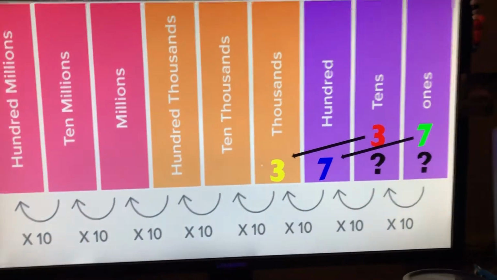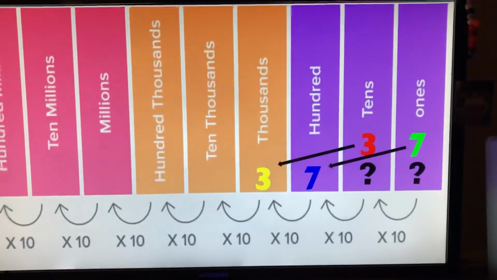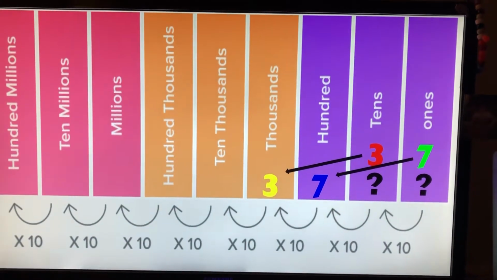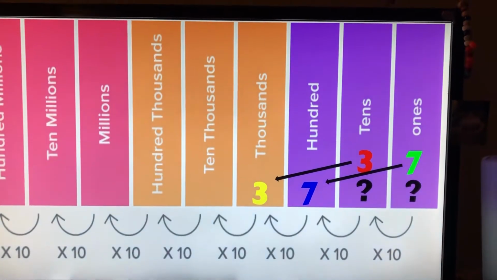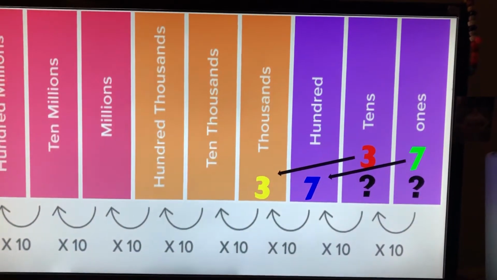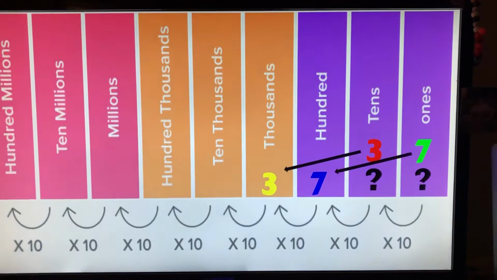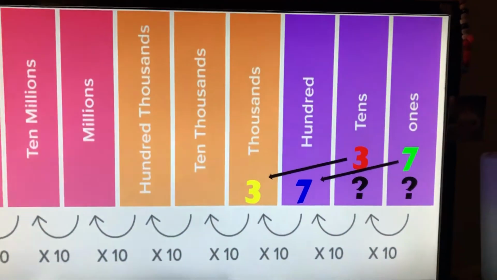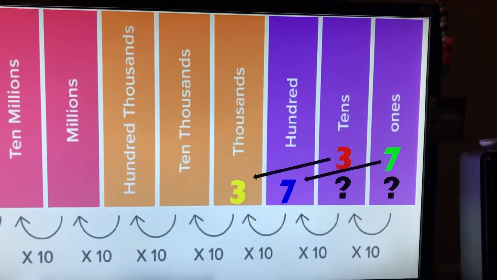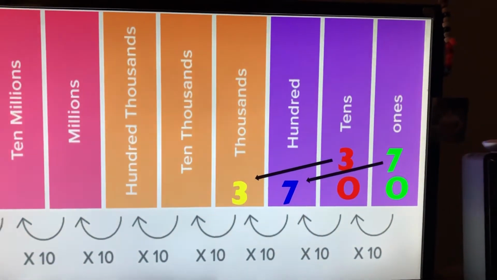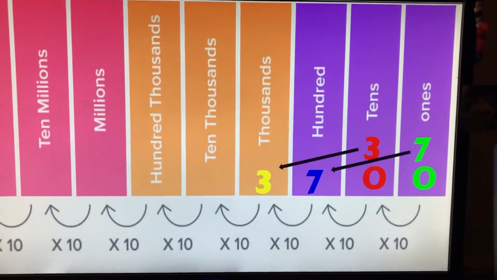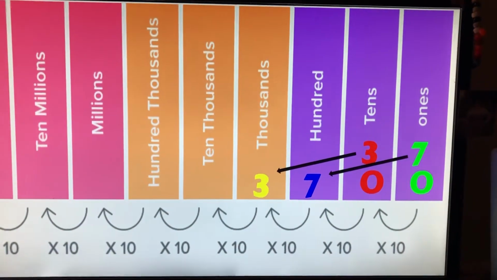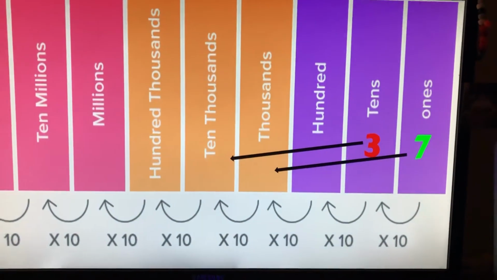So again, if we take that 37 and we're timesing it by 100 students, we have that 3 and that 7 moved over. What do we have in the tens and the ones place? We can't just have question marks, but we can't represent any digit besides 0. That 0 becomes that placeholder. So 37 turns into 3,700.